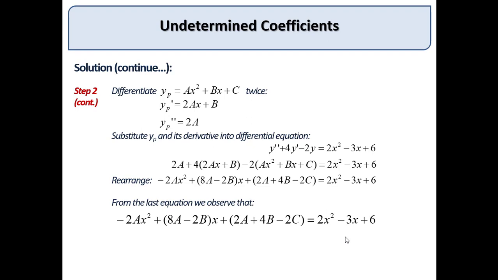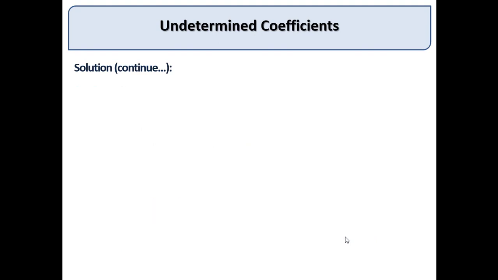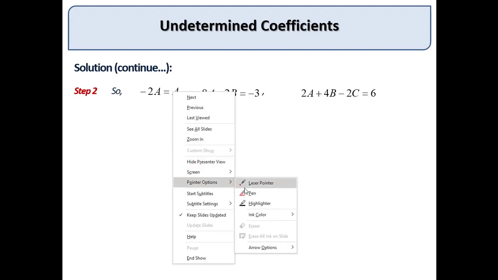From there we can observe the form of the last equation, which is similar on the left hand side and the right hand side, so we can do comparison. This is what we have discussed earlier: negative 2a equal to 2, 8a minus 2b equal to negative 3, and 2a plus 4b minus 2c equal to 6. Then we just solve the equations.